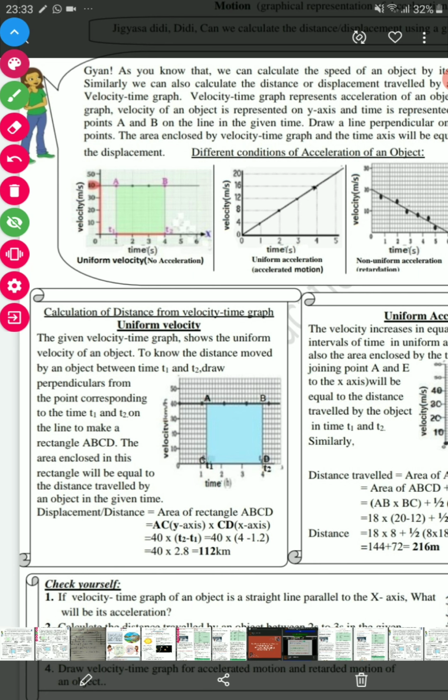See, this AC, from 0 up to this AC, the value of AC is 40, whereas for T2 minus T1, T2 we have 4, right, and T1 we have, see from your graph, 1.2 something, because 1 is there, this is 1.2, and when we subtract it, it comes out to 2.8. By multiplying this 40 and this, we will get 112 kilometer.